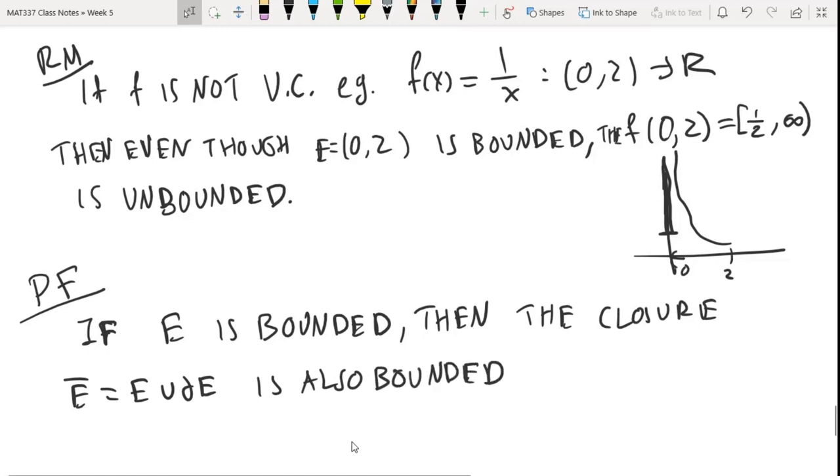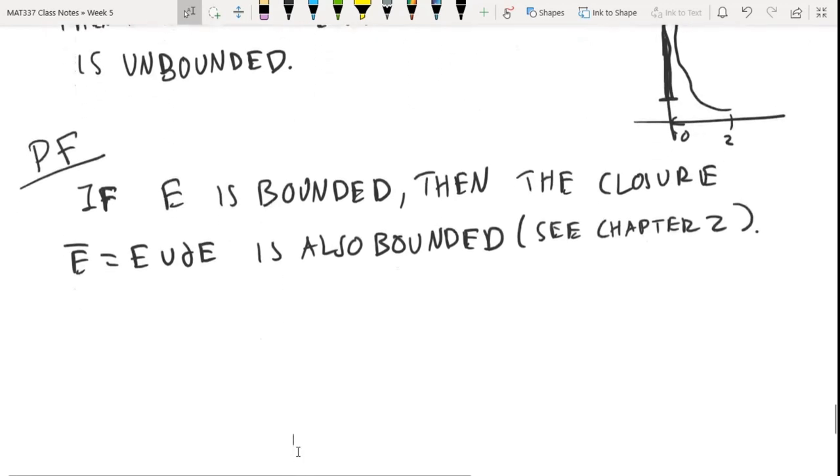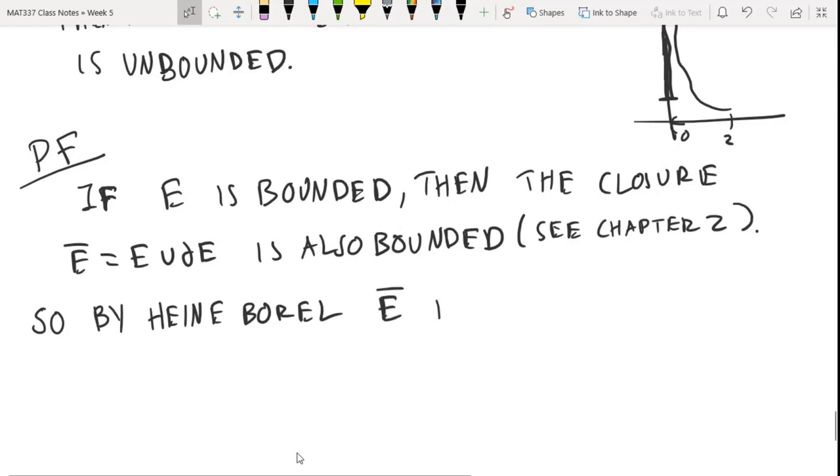So yeah, you can see that in our chapter, maybe, no, it's topology, it's chapter 2. Okay, good. But okay, so by Heine-Borel, E bar is compact. Is that okay?